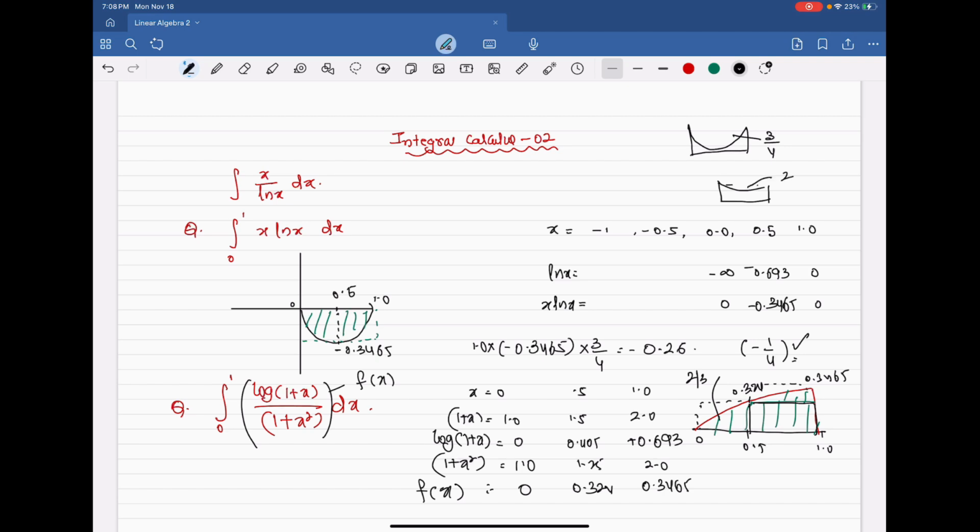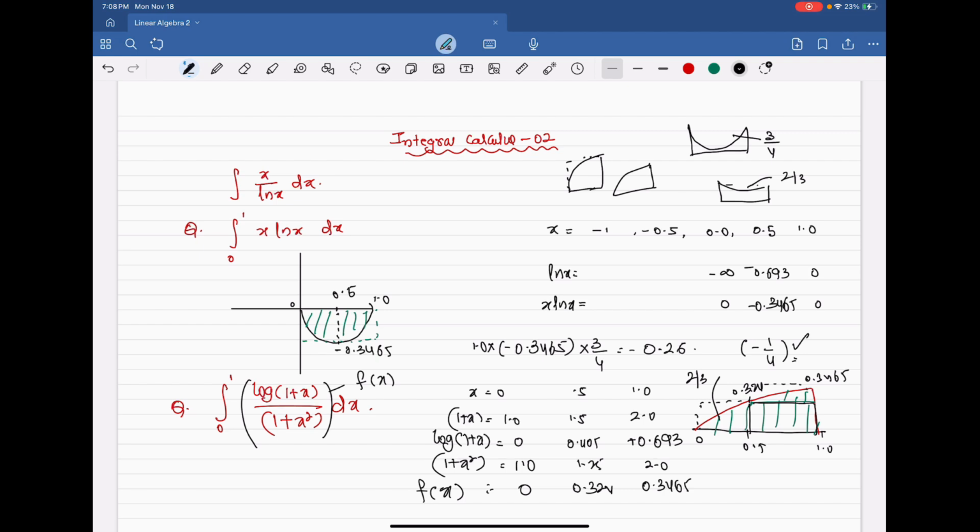This portion we can approximate to 2/3. This is almost occupying the 3/4 portion, and this is occupying the 2/3 portion.